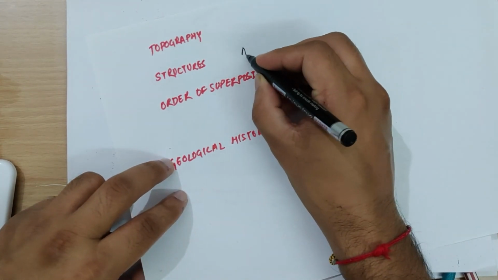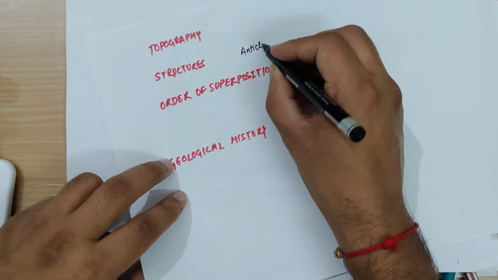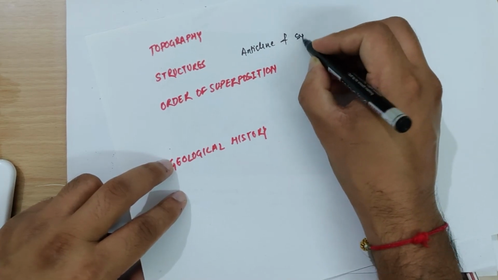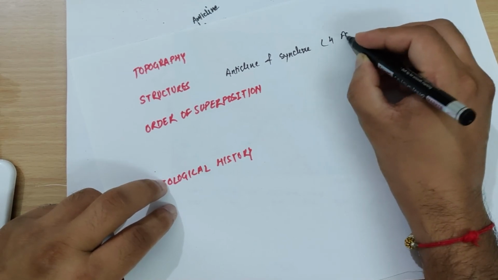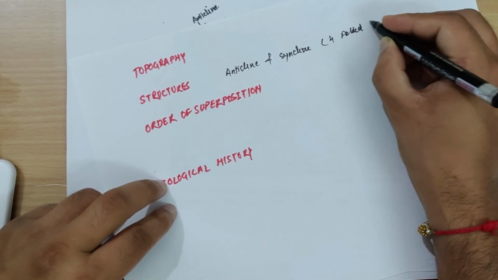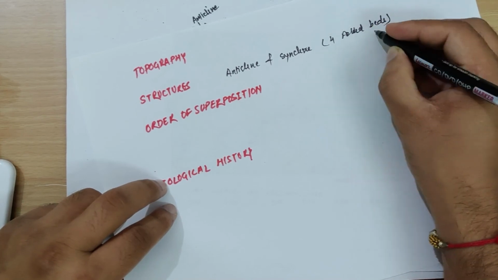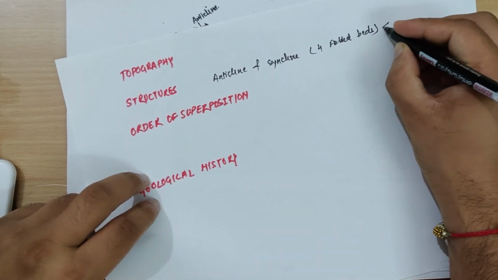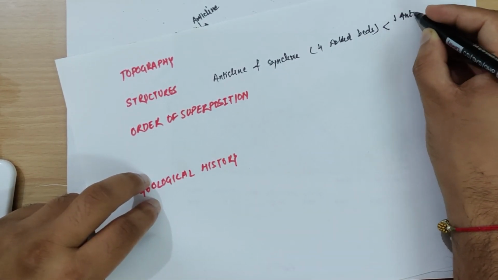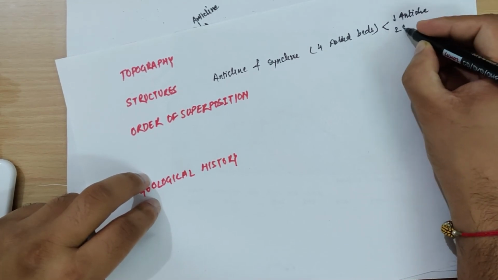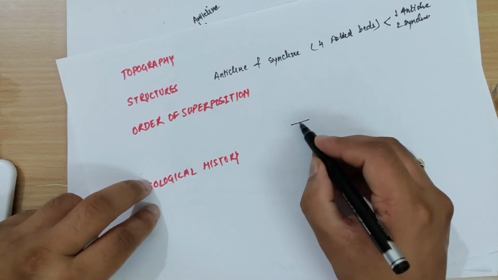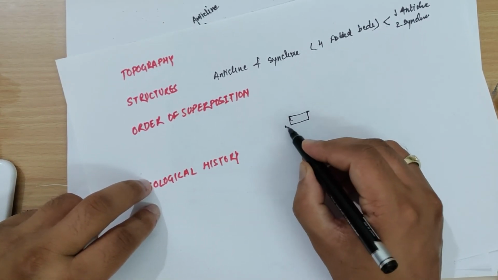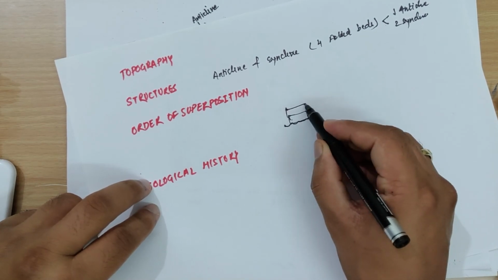So about the structure, we have anticline and syncline. So there are 4 folded beds which form 1 anticline and 2 synclines.